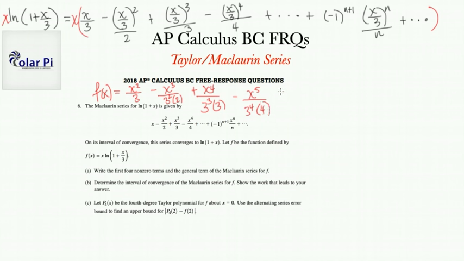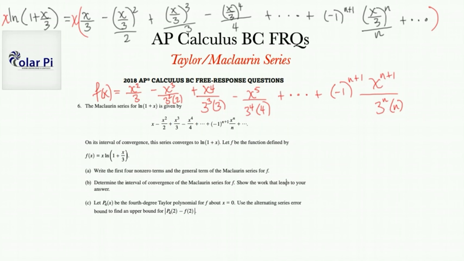And then it's going to be plus dot dot dot, and then plus negative 1 to the n plus 1, and then it's x to the n over, no, not x to the n. I almost rushed because we're still multiplying by that x, right? So it's x to the n plus 1, and then over 3 to the n, and then times n, of course.